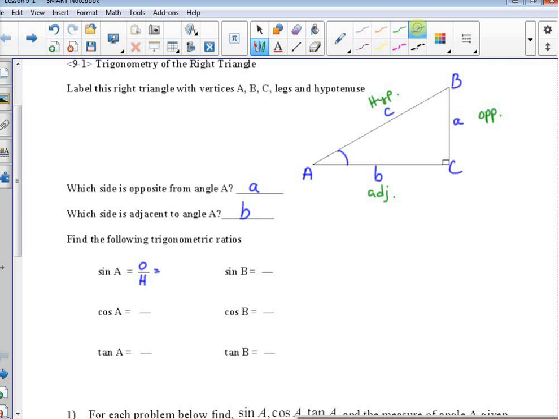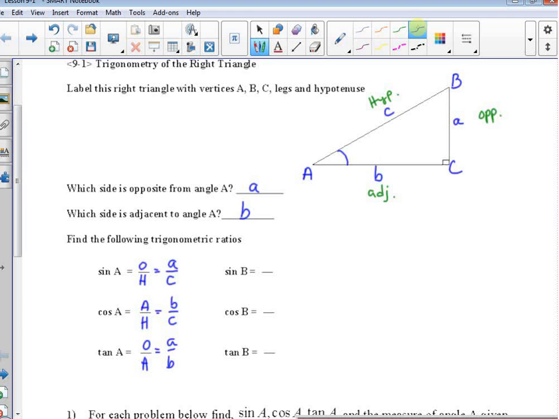So the sine being opposite over hypotenuse would be A over C. The cosine of A, which is adjacent over hypotenuse, would be B over C. And the tangent of A, which would be opposite over adjacent, would be A over B.